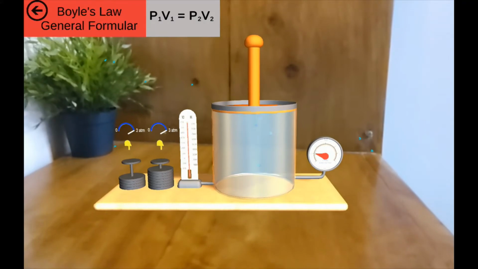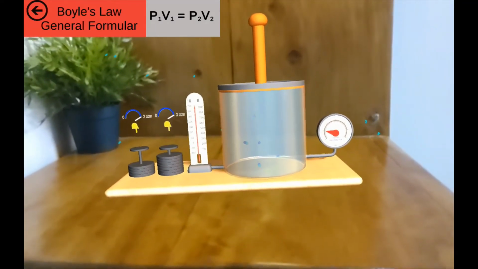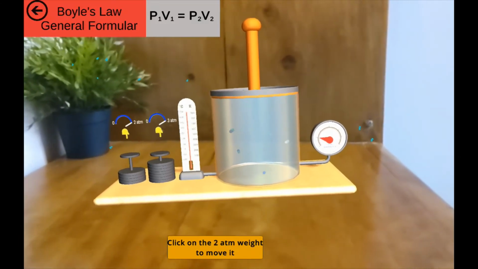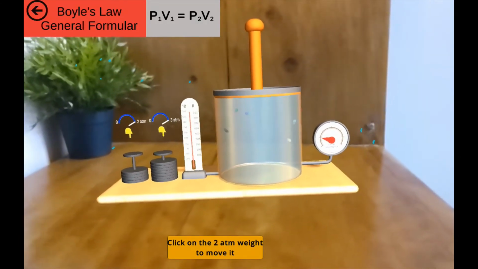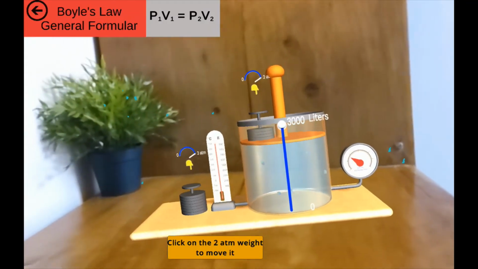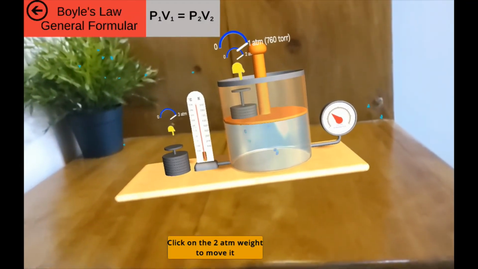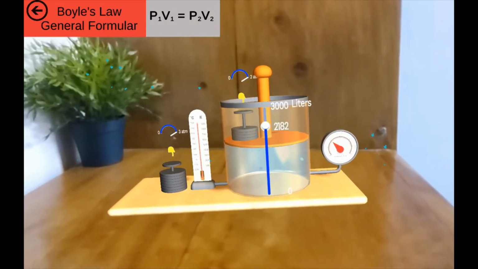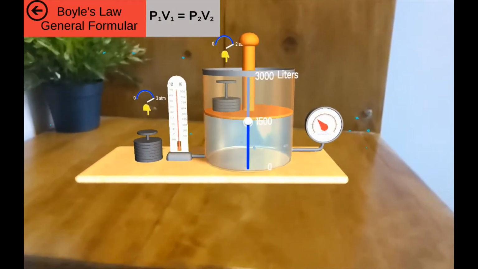Let's check out what happens when we apply pressure of 2 atmospheres. This container contains 3,000 liters of gas, still operating at atmospheric pressure. This shows that the weight moves on top of the container and moves to half of the container.